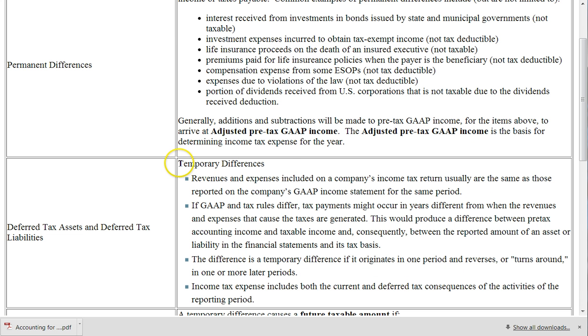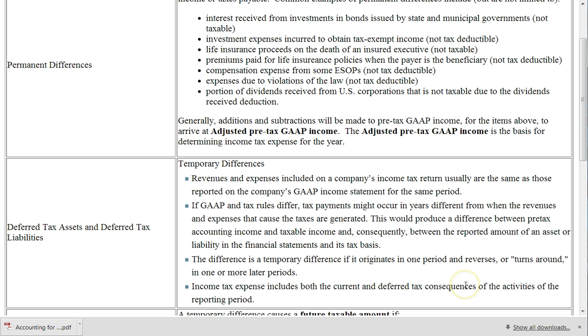And then we get to what are known as temporary differences. Temporary differences are, again, a result of revenues and expenses that are included on a company's income tax return, but at a different time period than when those revenues and expenses appear on the GAAP income statement.